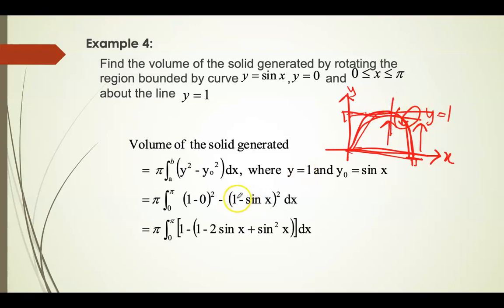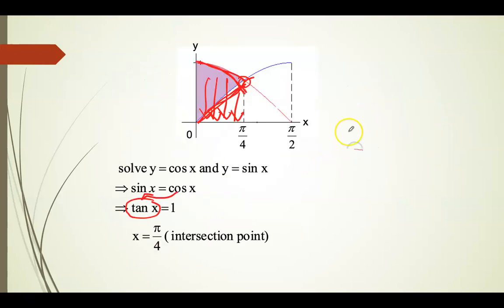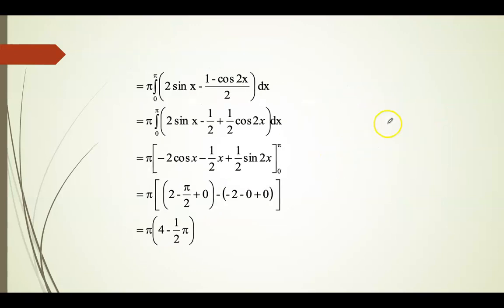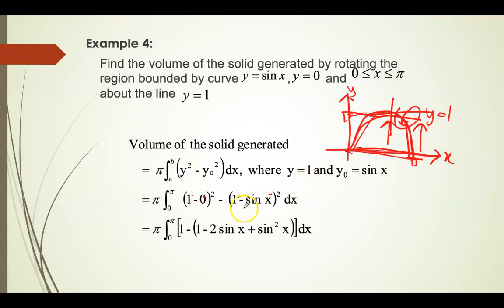So therefore, it is 1 minus sine x. The same goes for the x-axis: it is now 1 minus 0 instead of just 0. So 1 minus 0, the whole thing squared, for this straight line. And 1 minus sine x for this curve, the whole thing squared.